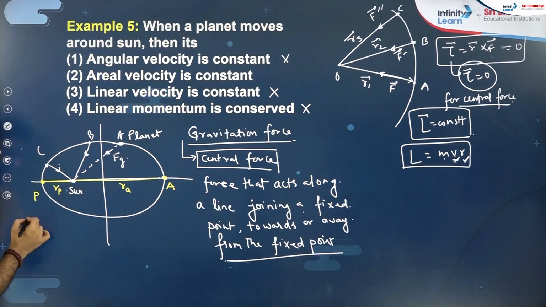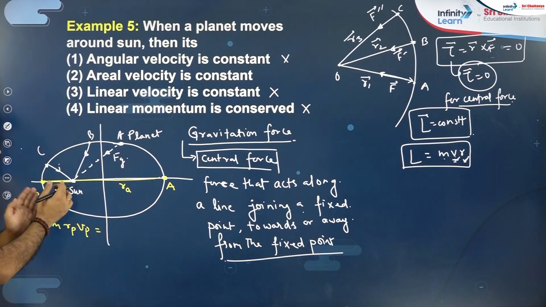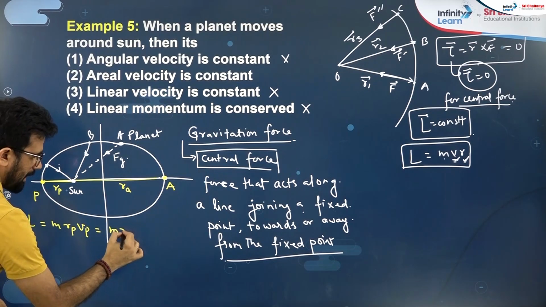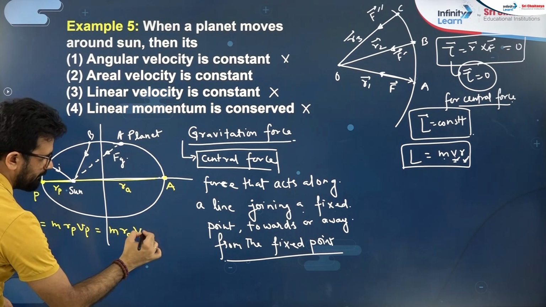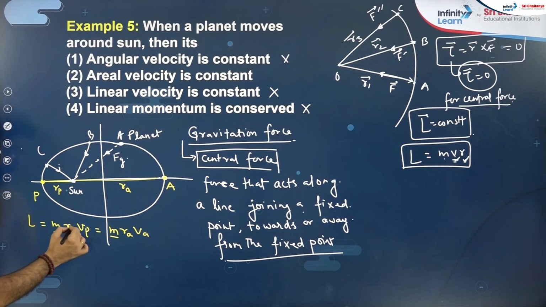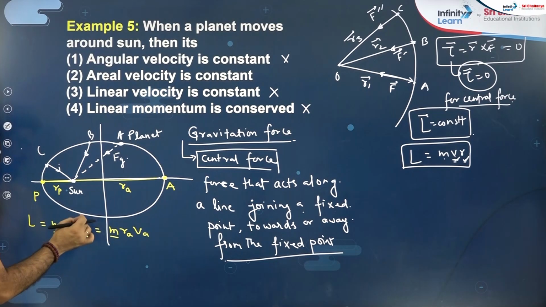So one thing we can say: L is equal to m into rp into vp, and similarly I can apply it here also, that is m into ra into va, and this m can be removed from both sides. Here the distance is minimum, so the velocity would be maximum.